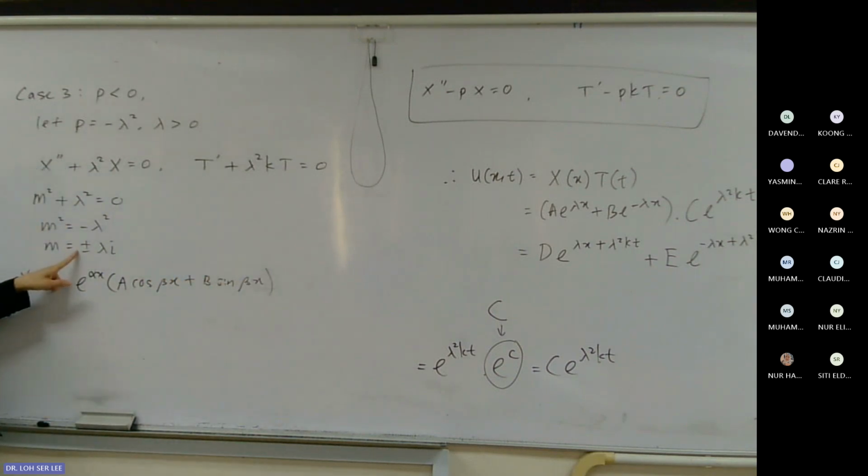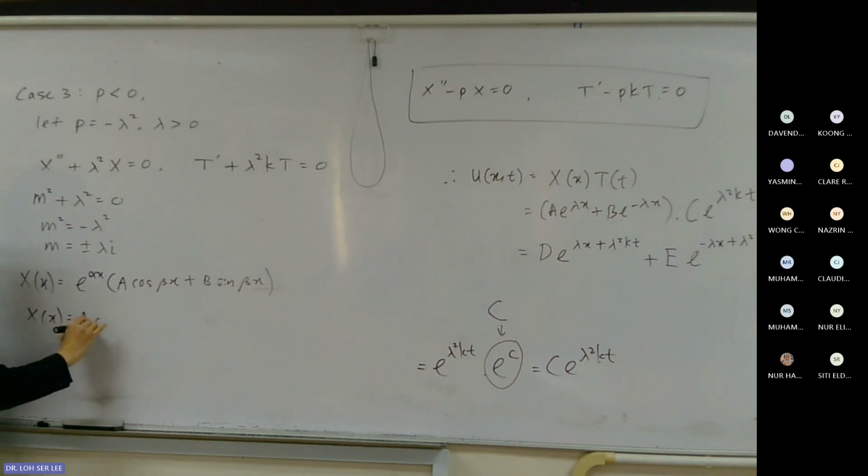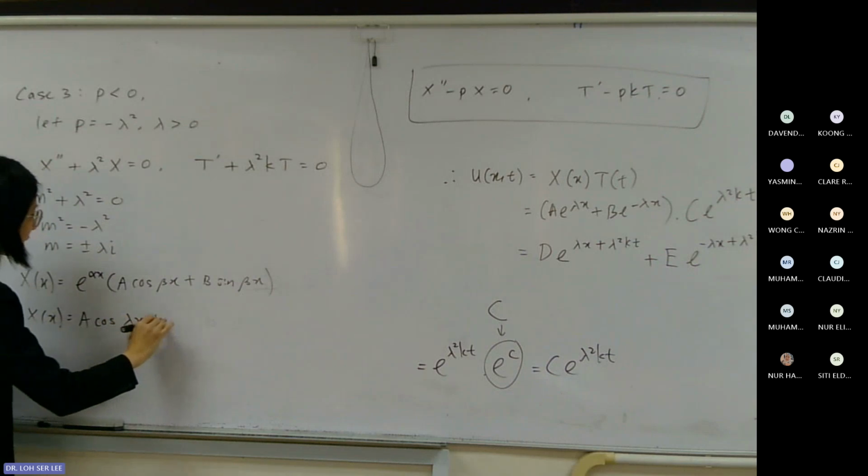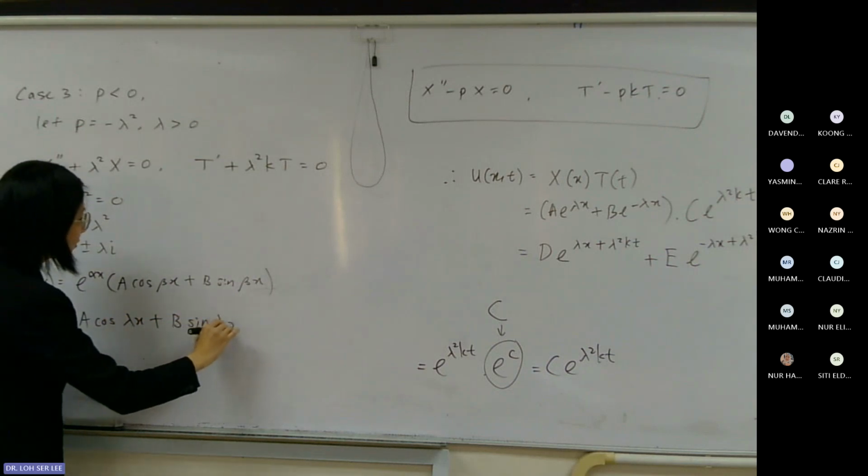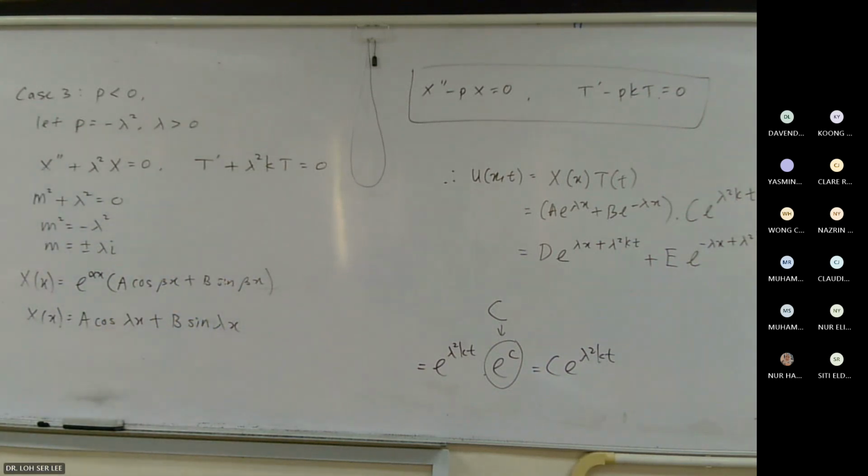Your alpha is 0, so e to the 0 is 1, so no exponential function. Beta is lambda. So you have A cos lambda x plus B sine lambda x. Okay, so far, any questions?